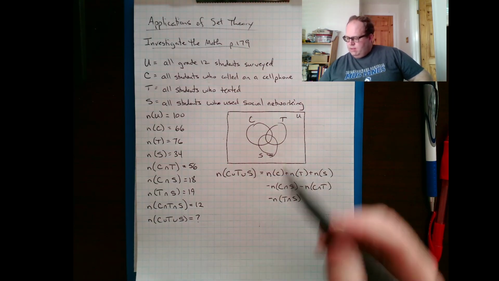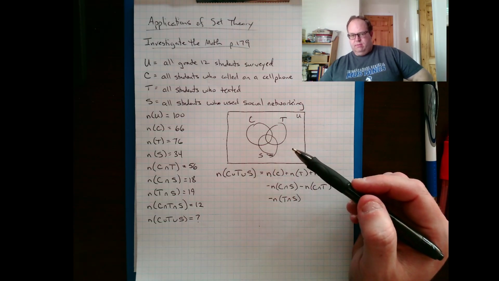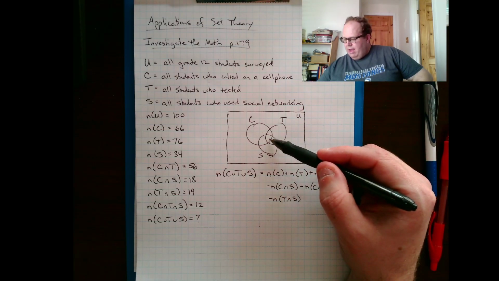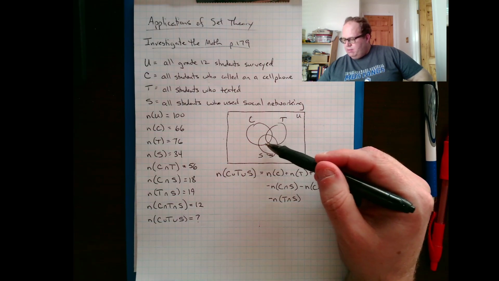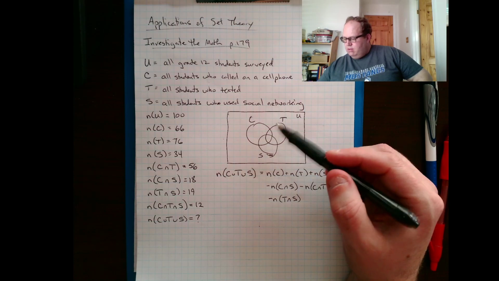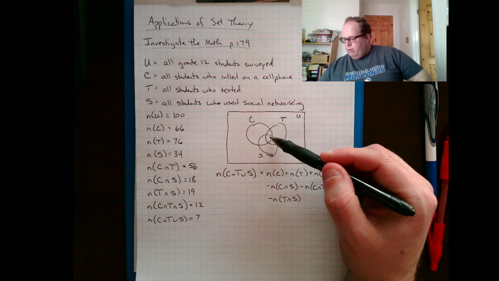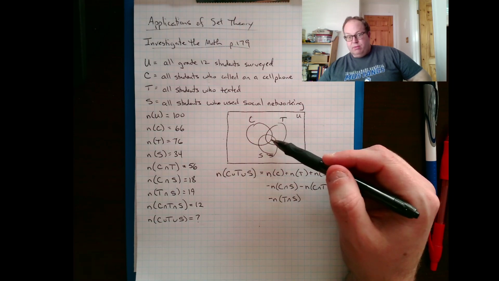Now, the last problem comes in this middle region. I counted it 3 times when I added up C, T, and S, but I got rid of it 3 times when I took out those 3 areas. So I've actually triple subtracted that center area after I triple added it.